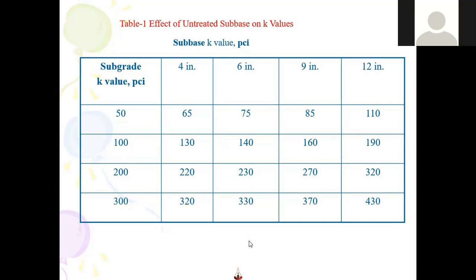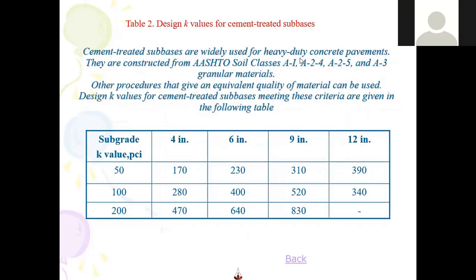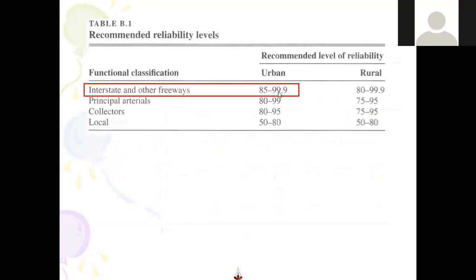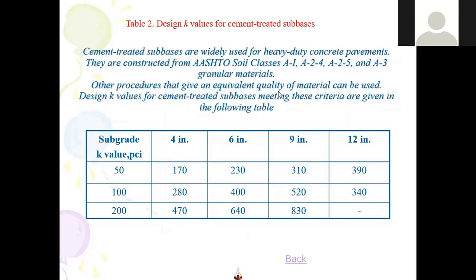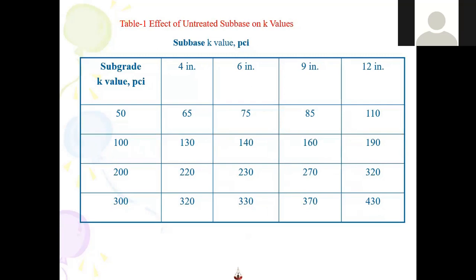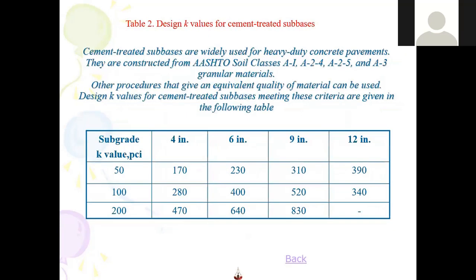Now, if we have a cement-treated subbase, that is the difference between treated and untreated base. If you are using a 6-inch treated base and your K value is 50, you will use 230.